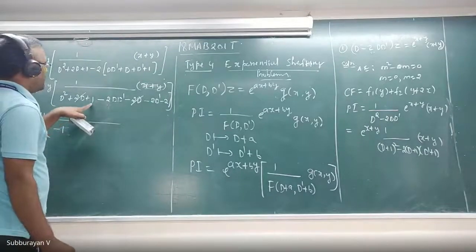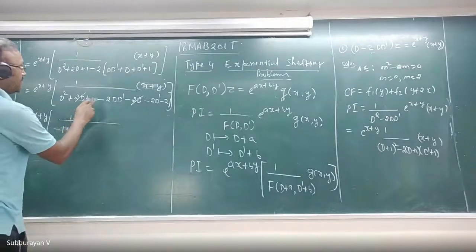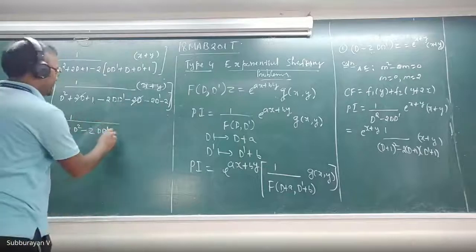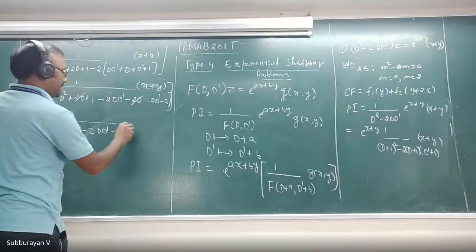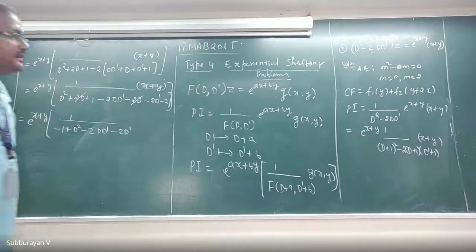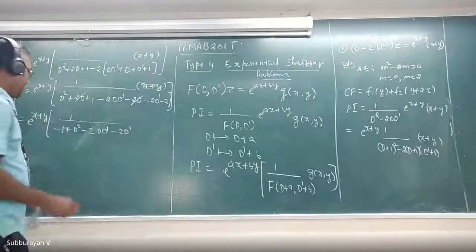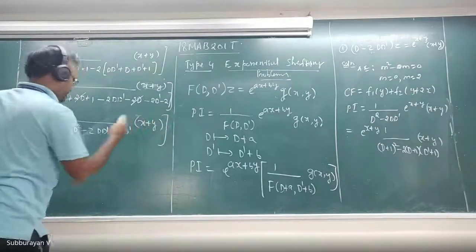And then, here, plus D square minus 2D D dash minus 2D dash. No other D dash square, because we have only D and D dash. Into x plus y.